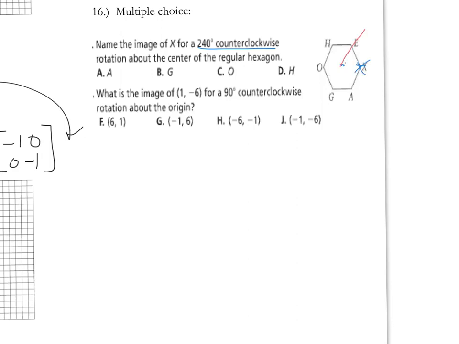So each one of these is 60 degrees. I just wrote 30, but each one of these is 60 degrees. So if this is 120, this would be 180, and then go again, G would be at 240.